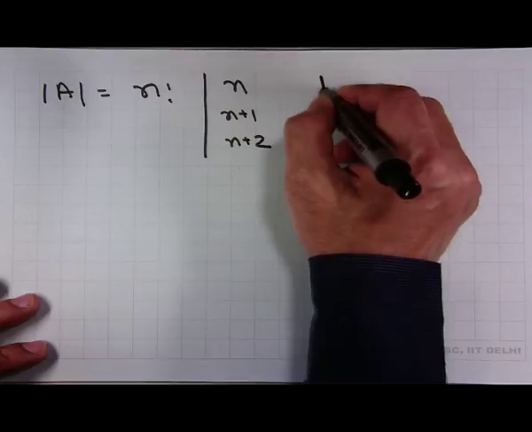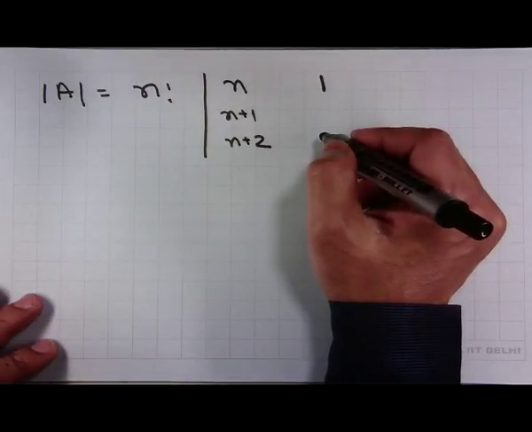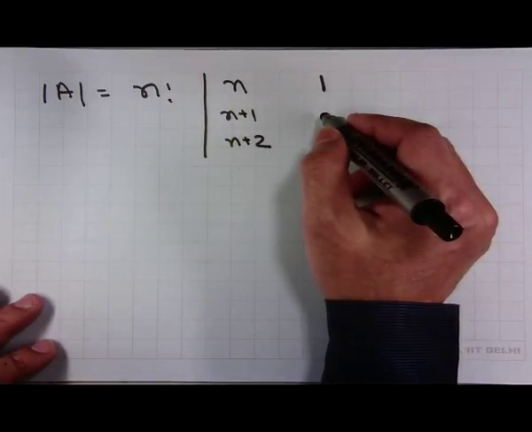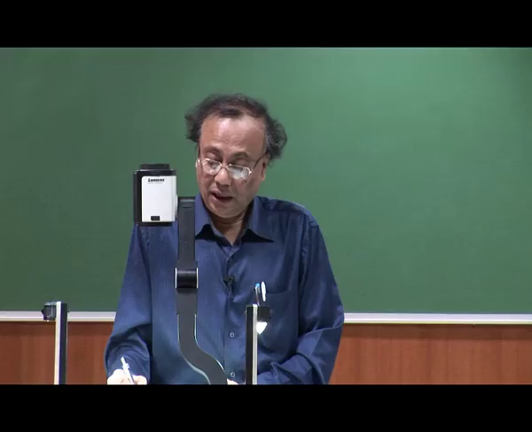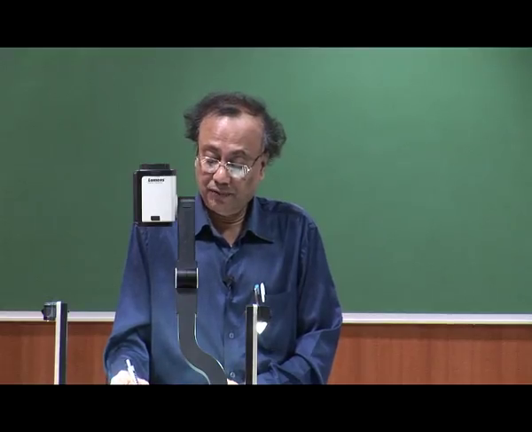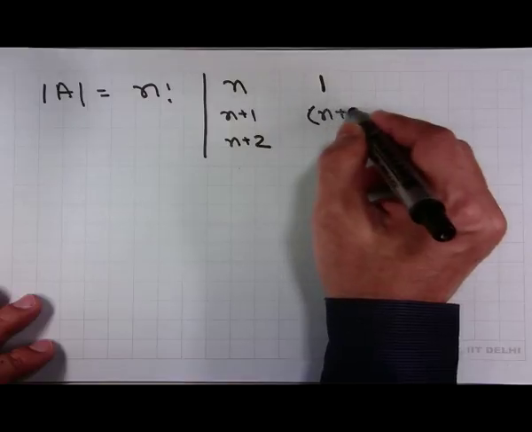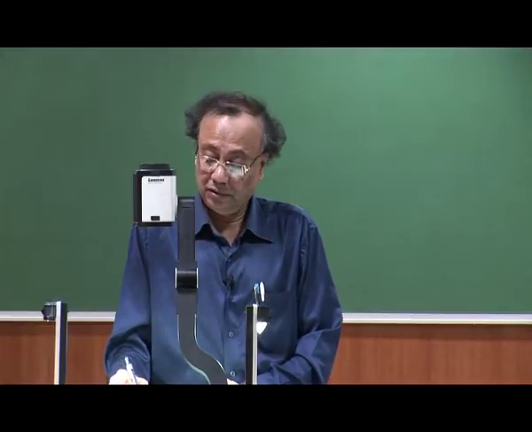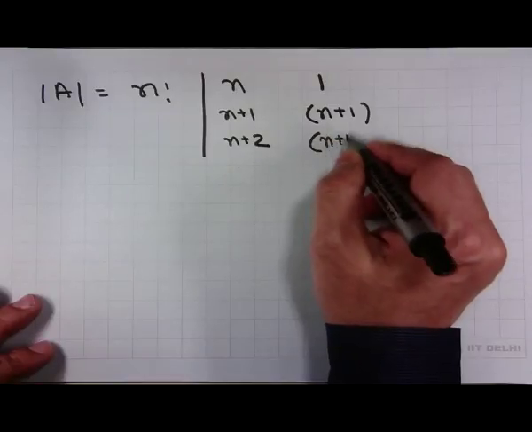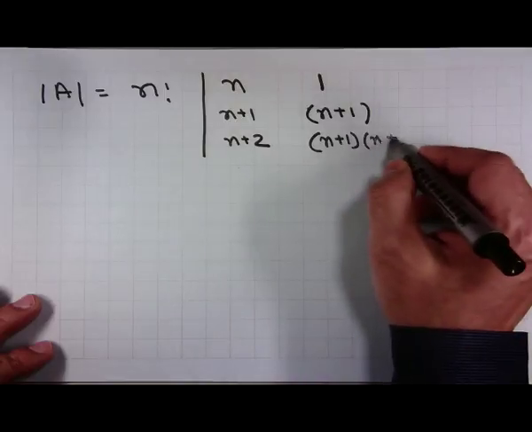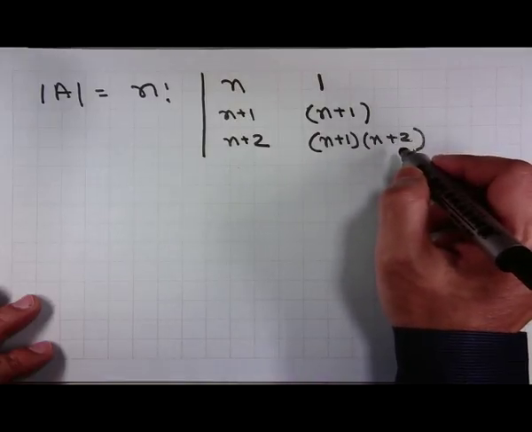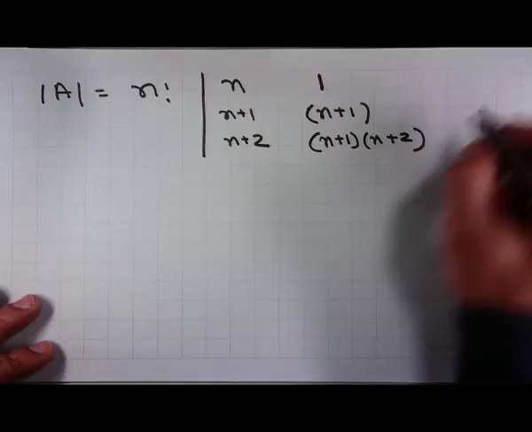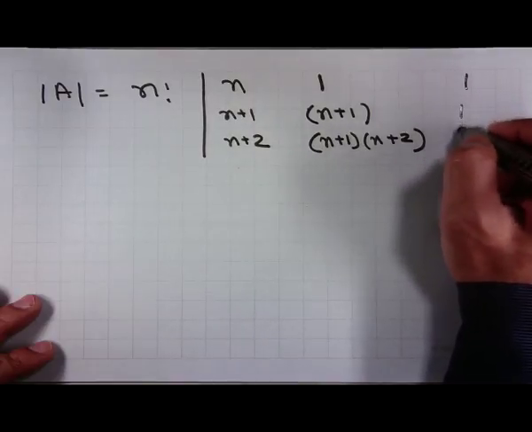After taking out n factorial from n factorial, we get 1. From n plus 1 factorial, we get n plus 1, and from n plus 2 factorial, we get n plus 1 into n plus 2, and of course, the third column remains the same, which is 1, 1, 1.